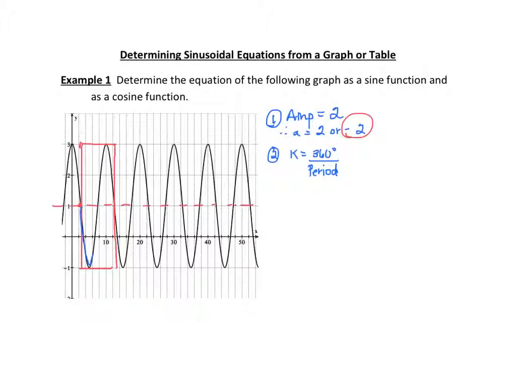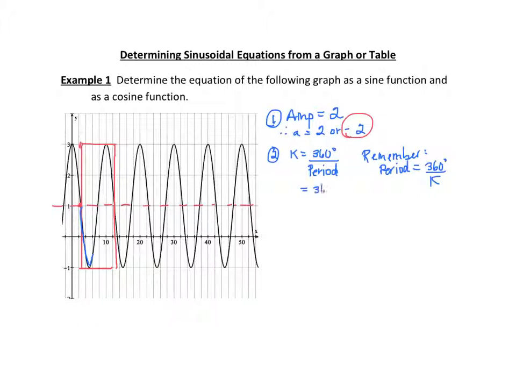Now when you had the equation and you were trying to find the period, we were doing the opposite, right? So let's write a note here that says, remember, when we were finding the period, when you had the equation, you take 360 degrees and divide it by k. So we're just doing the opposite here, because in this case we know the period.